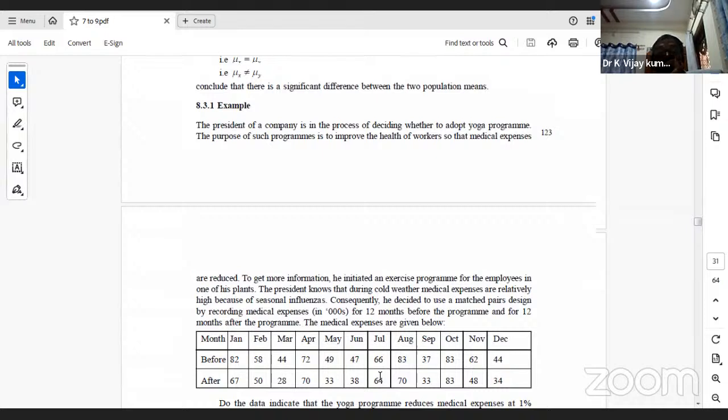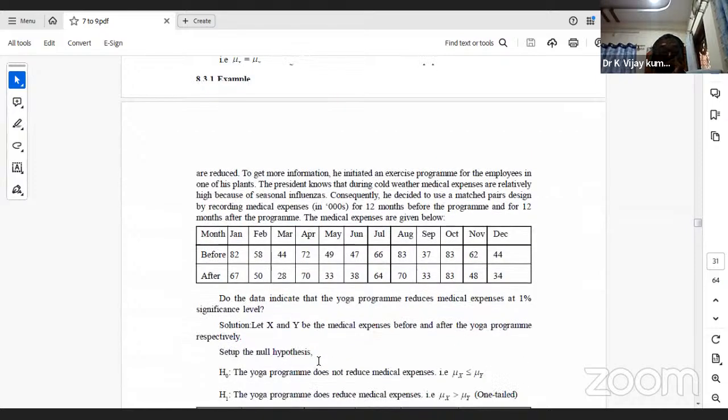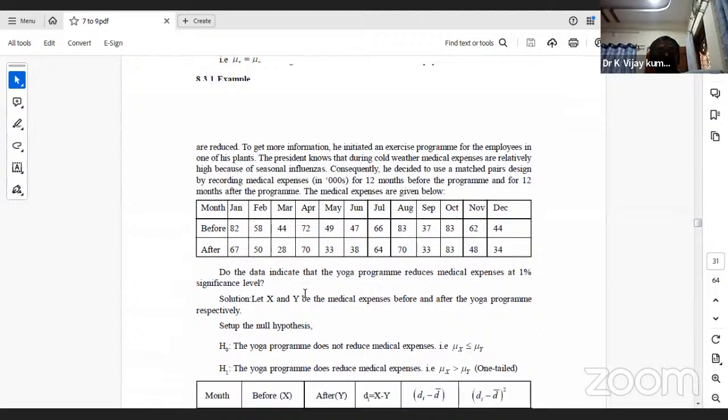Consequently, he decided to use a matched pairs design by recording medical expenses for 12 months before the program and 12 months after the program. The medical expenses are given below, January, February, March, April, May, June, July, August, September, October, November, December. We are taking these values before and after. Using the data, test whether the yoga program reduces medical expenses at 1% significance level.